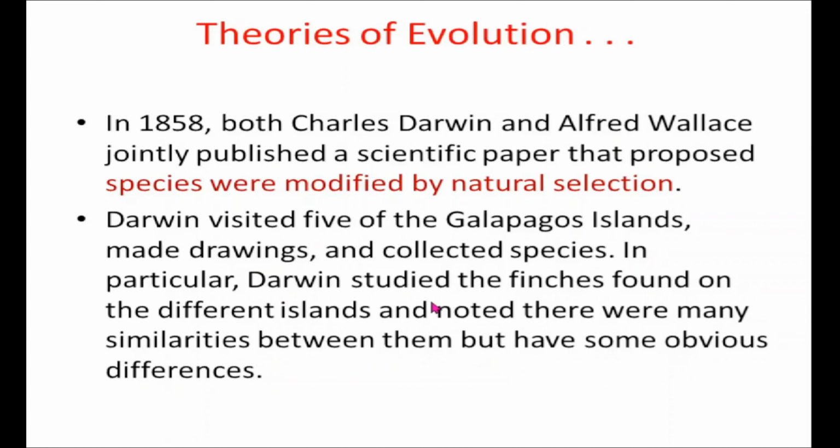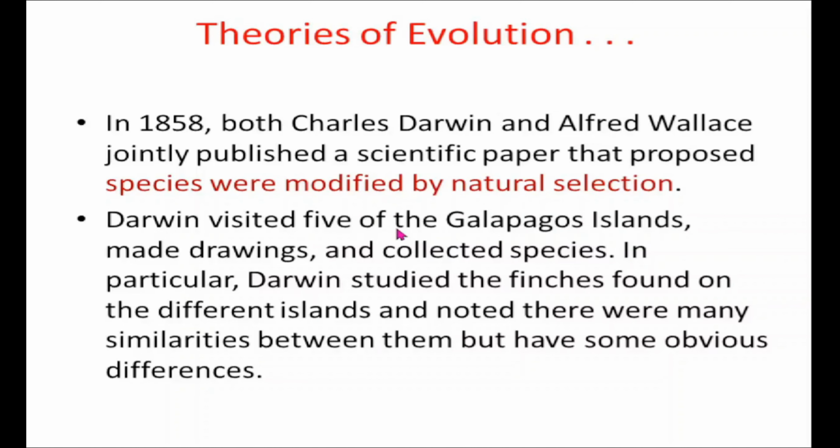In 1858, Charles Darwin and Alfred Wallace jointly published a scientific paper that proposed species were modified by natural selection. Natural selection means that the natural environment, or natural features, select or affect organisms.